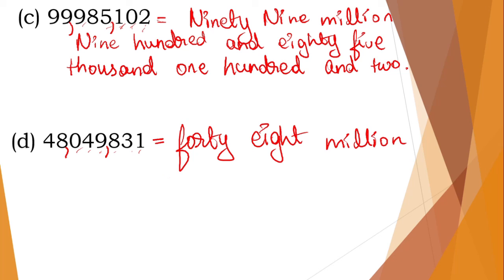Now after 48 million, here we have 0 in 100,000 place value. So as I said, if we have a 0, we can ignore it. So we can't write 0, 100, right? So 0, 100,000 and all we can't write. So we can ignore the 0 and we have 49 here. So we will directly write 49 and ignore the 0. So after 49 we have 1, 2, 3. We have 3 digits and 3 zeros we have in 1000.